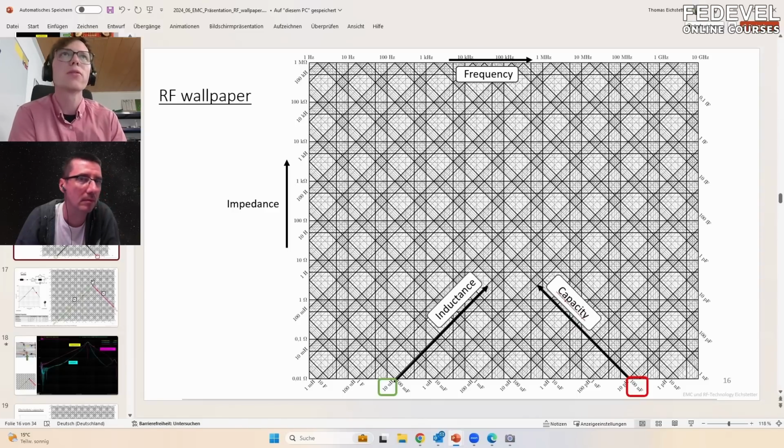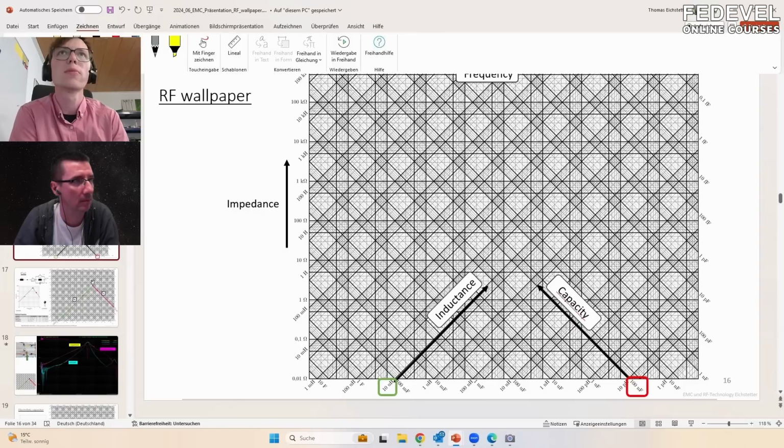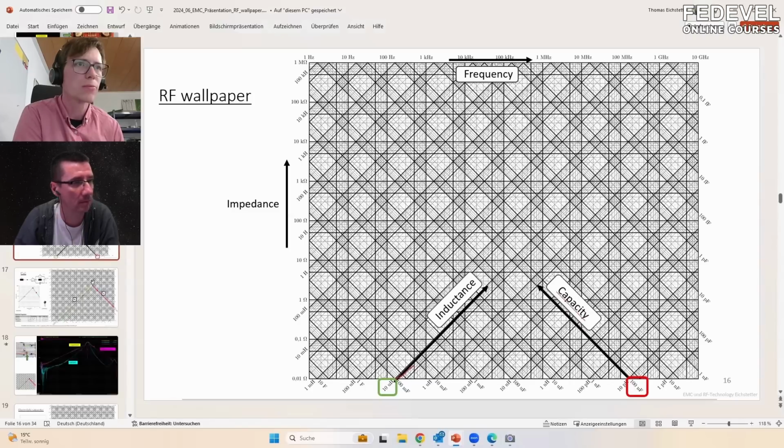So let me see if I can use this one here. When you go up here, you see how the impedance changes over the frequency. So let's choose, for example, 1 megahertz, which is here.